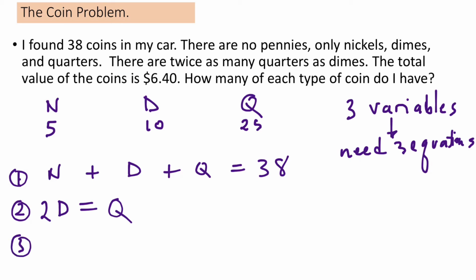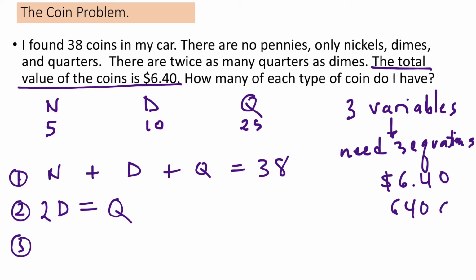So we have another sentence here that says the total value of the coins is $6.40. So remember, we don't want to work in 2 units, dollars and cents. We only want to work in cents, since we already know that we've got 5 cents, 10 cents, and 25 cents. So this is 640 cents.